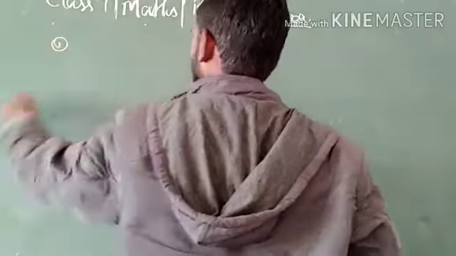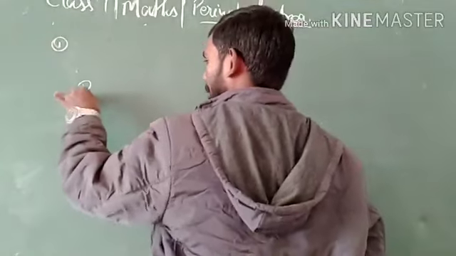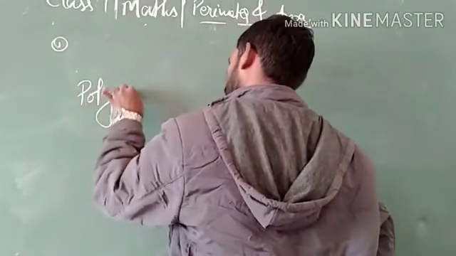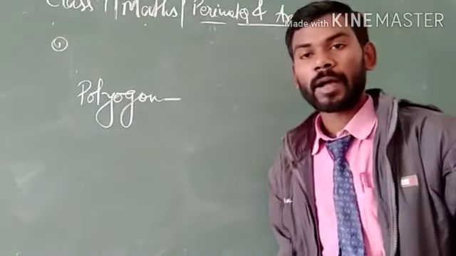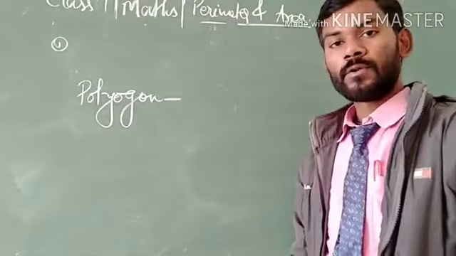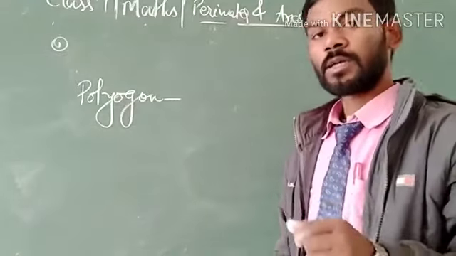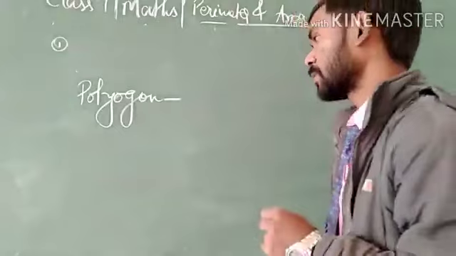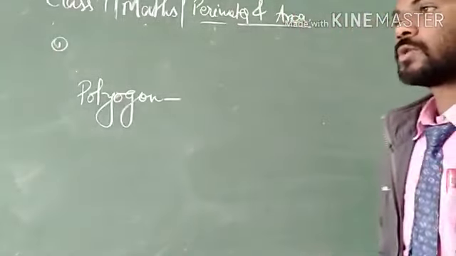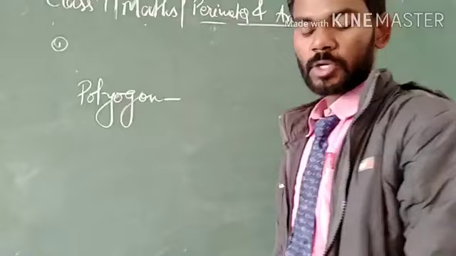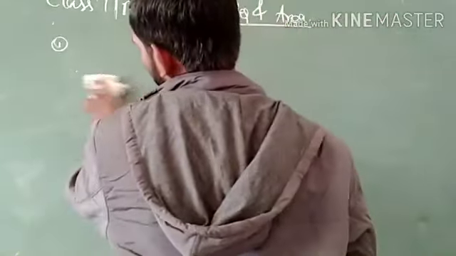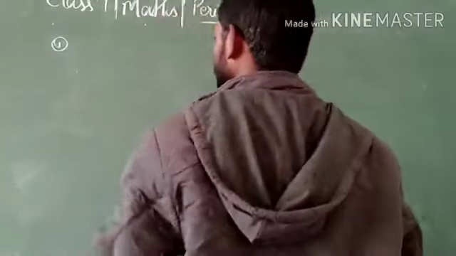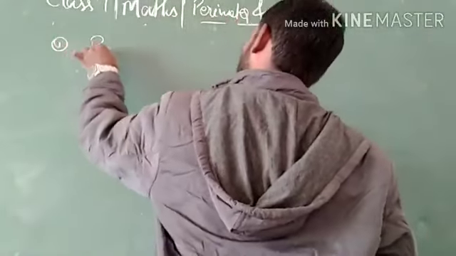The first and most important thing I would like to tell you is that polygons are closed figures which are formed by line segments only. So if we have any type of polygon, there is one thing common, that is the line segment.